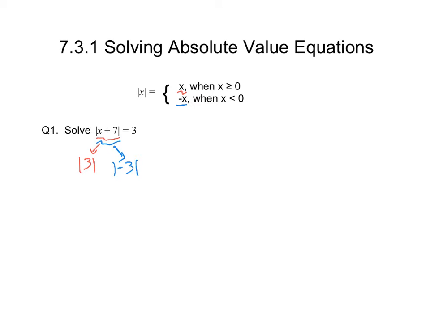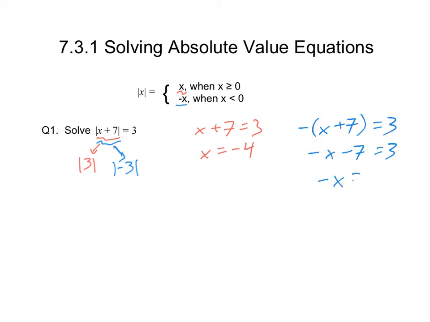Well, the way to do that is straightforward. We're going to find one solution with x plus 7 equal to 3, and therefore we just subtract 7 from both sides, and we get x equals negative 4. But we end up with another possible solution when the expression inside the absolute value sign is negative, which relates to the solution of absolute value of negative 3.